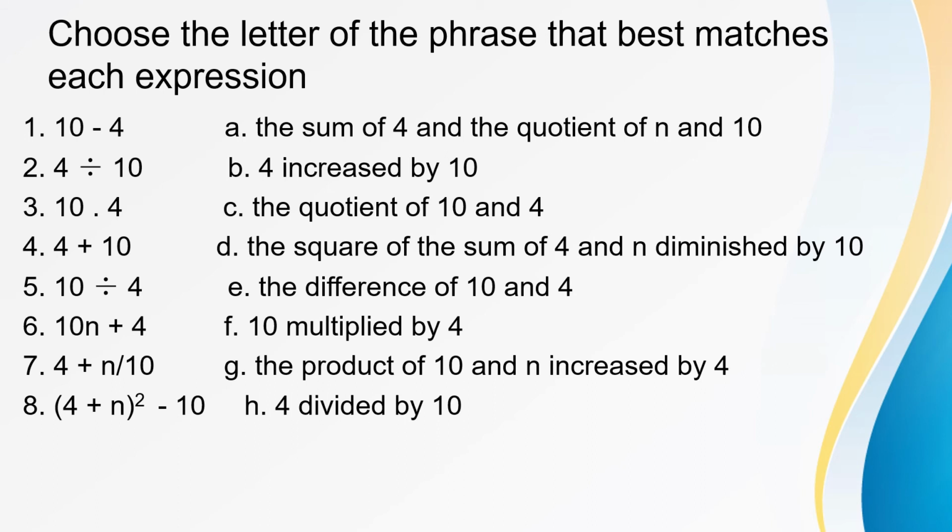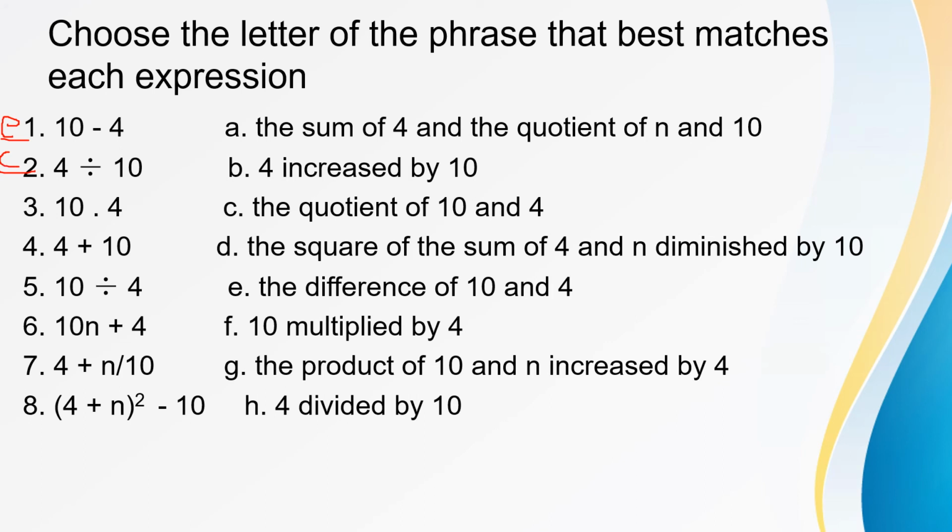So, how is that? We can use 10 minus 4, sorry. So, we have here the answer, the difference of 10 and 4. So, letter E. 4 divided by 10. What is that? The quotient of 10 and 4. Letter C.